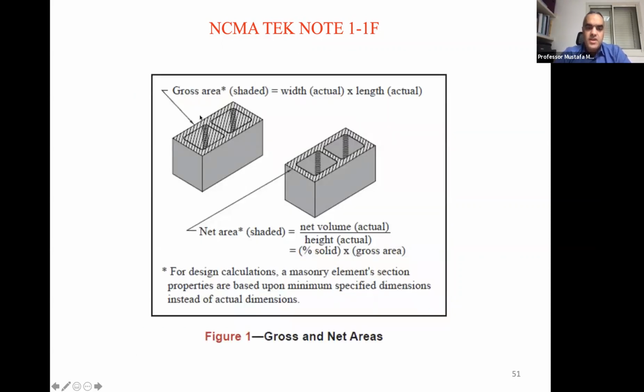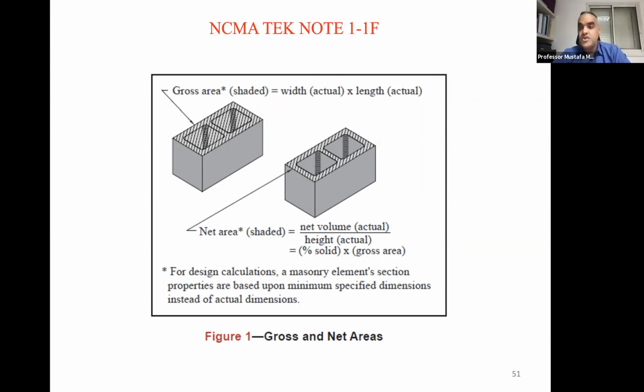So here you see the gross area, that's the shaded area, and here you see the net area. That's also the shaded area. So typically we are interested in the net area because that's what we typically will have. We will not have the whole masonry wall fully grouted, so we can consider the gross area.